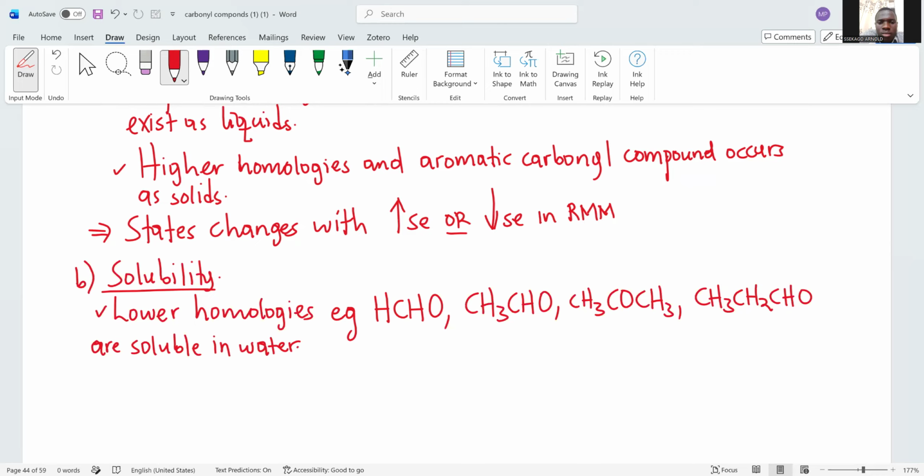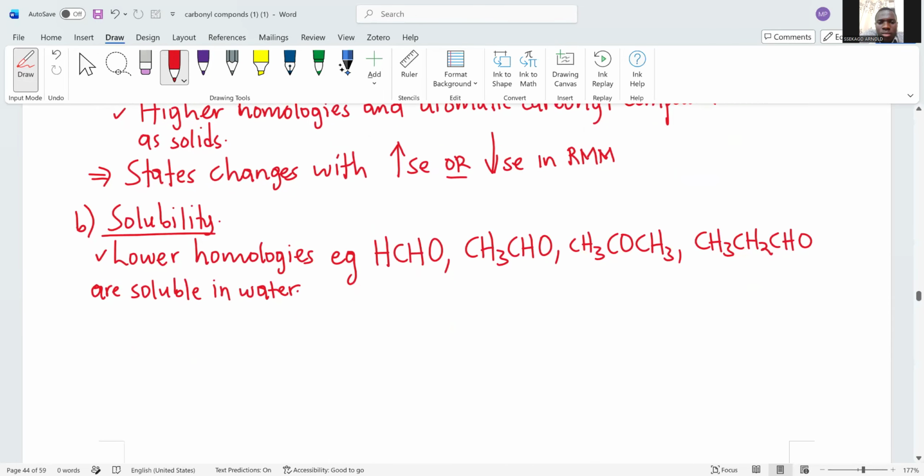However, carbonyl compounds do not form hydrogen bonds with the water molecules. So they dissolve, but not all of them, only few of them, those with the examples which I have given.